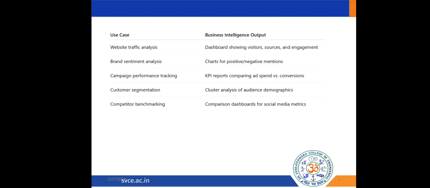Next is campaign performance analysis. It is a process of using AI and machine learning techniques.